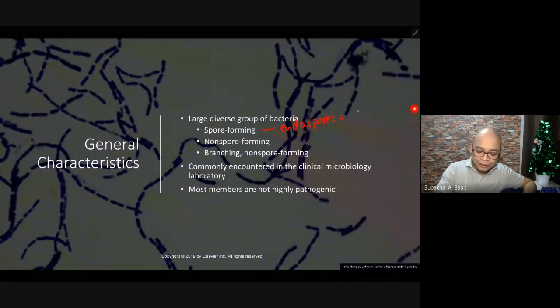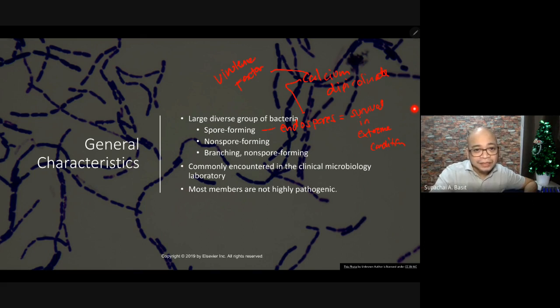And endospores are important for survival in extreme conditions. To recall, they have calcium dipicolinate as the active substance. And we consider this also as a virulence factor.